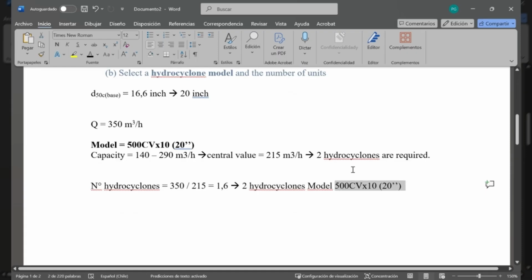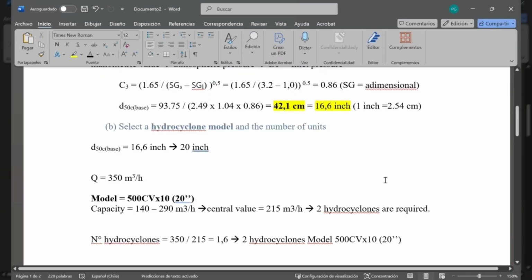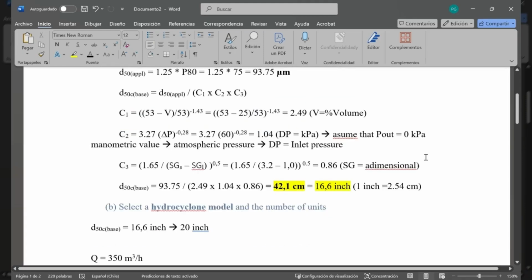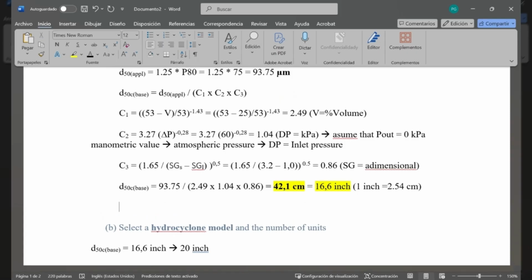Now, there is a little something that I have to add, sort of like a fe de erratas to the first exercise. So I'm just going to go back a little bit. Everything up to here was okay, except for the fact that I have to add one final formula to this procedure.